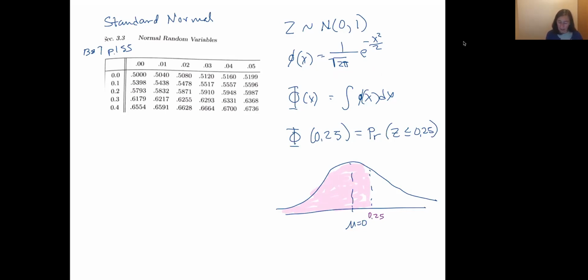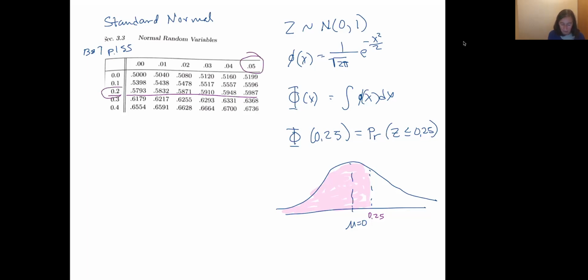Okay, so to read it off the table, we're looking for the probability that z is less than 0.25, and the table is just really simple. It's organized in terms of tenths here and hundredths. So if we want the probability that z is less than 0.25 here, we're going to go down to 0.2, and then we're going to go over to the 0.5.